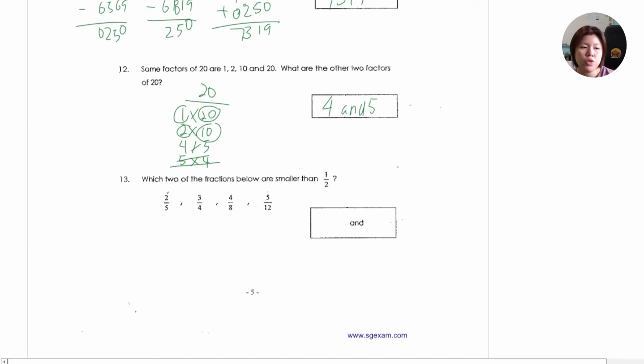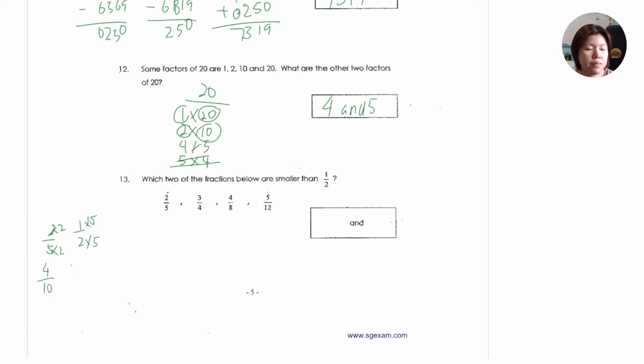Okay, let's move on. Which two fractions are smaller than half? We're supposed to compare. So how to compare fractions is to change to the same denominator. So 2/5 and half, I will change to 10. So it's smaller. I'll circle first. 3/4, I'll change to 4.